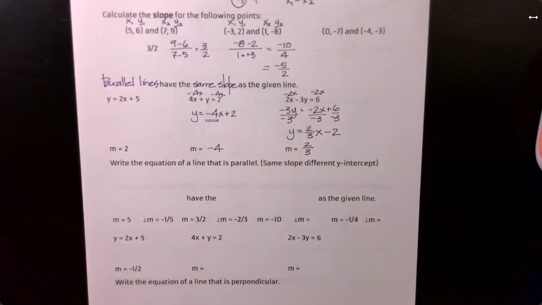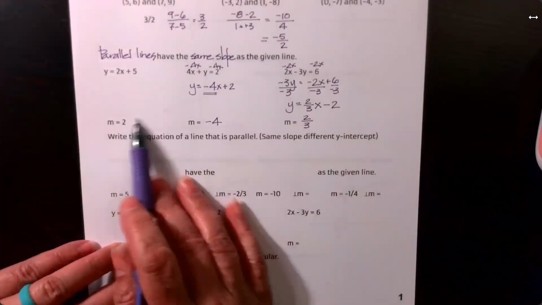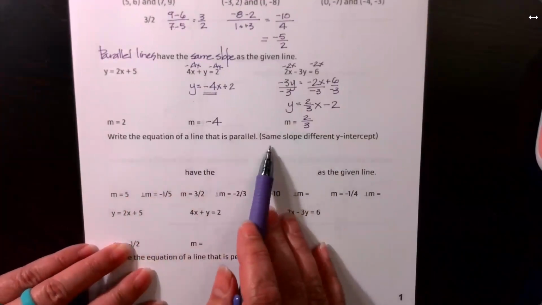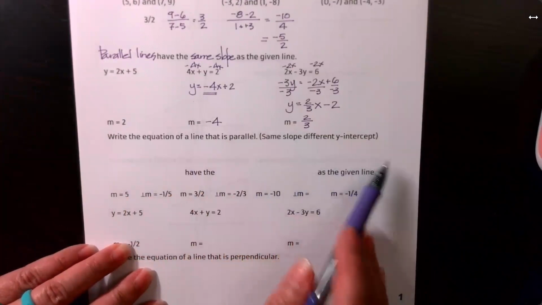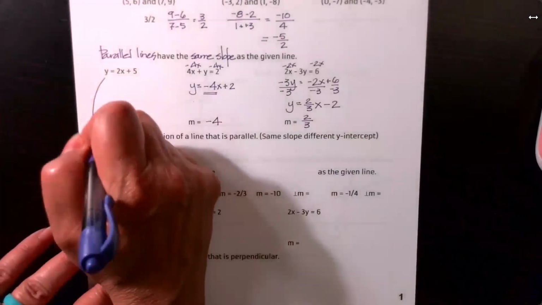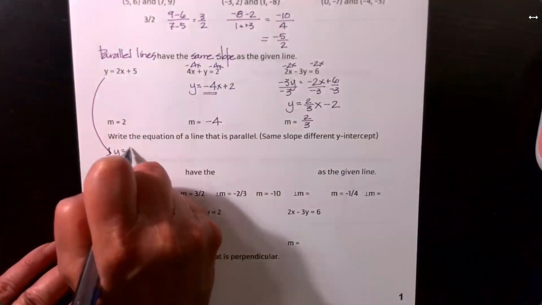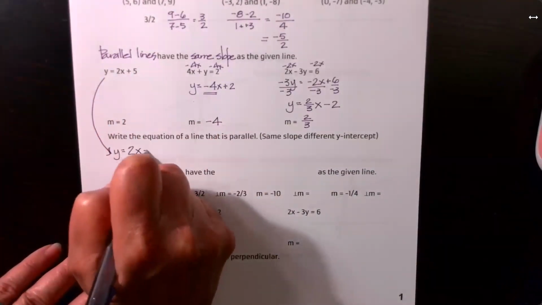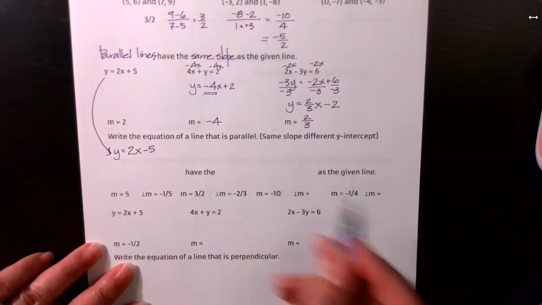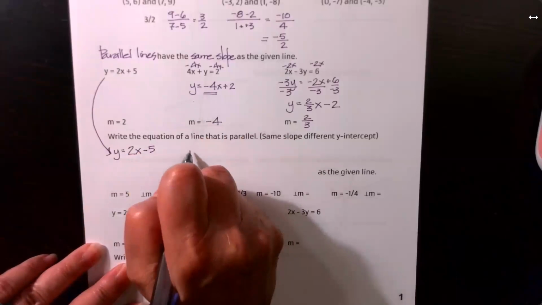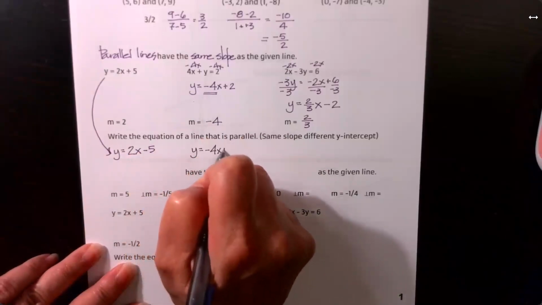Okay? So it says write an equation of a line that is parallel to each one of these. Here's a hint. They're all going to have the same slope, but different y-intercepts. So if I look at this first one, I know that the slope has to be 2. So y equals 2x minus 5. That would be a parallel line. For the second one, y equals negative 4x plus 6.